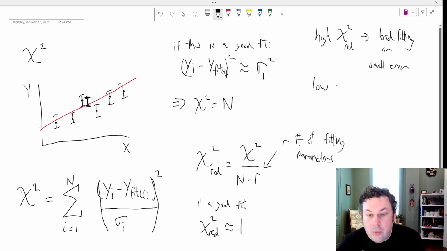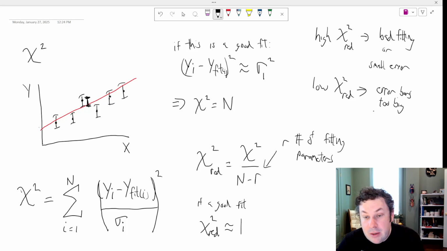A too low reduced chi-squared, much smaller than 1, can be mostly due to error bars that are too big. There's actually something else that can happen here: fake data. If you falsify data, it's really easy to fake data and make it look like a line. If you fake it poorly, the reduced chi-squared will be way too small, and it actually tells you that data is fake. So people have been caught doing that.